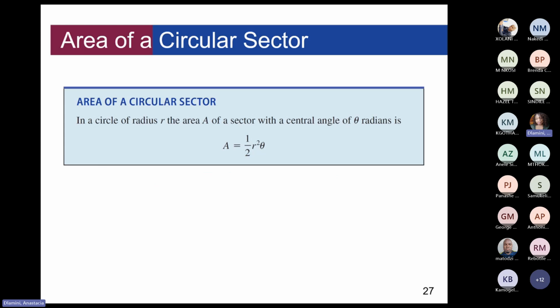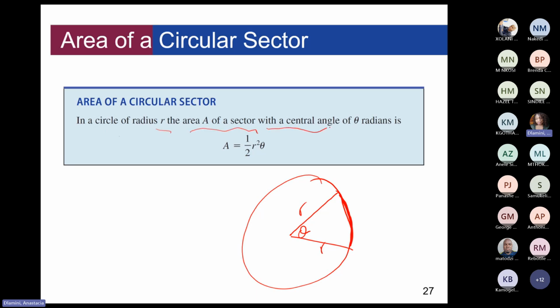So the area of a circular sector. Does it make sense now? So according to this, we are saying here: radius, theta, subtend, the arc. Do you see that? Now they're saying in a circle of radius r, the area of a sector with a central angle theta, this one here, we know a sector is this one here, then its area is equal to 1/2 r squared theta.